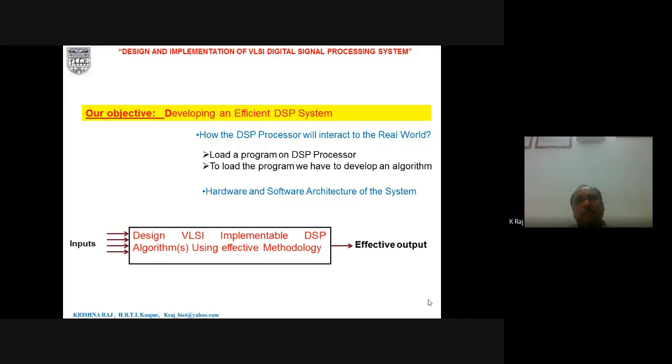After these arrangements and these steps, we have to decide what are the inputs on which our efficient DSP system will operate, and then we will get here the output, and we will analyze whether we are getting here the effective output or not. So here our objective is to design the efficient VLSI implementable DSP algorithm, and then we will implement this one either using the hardware approach or the software approach here.